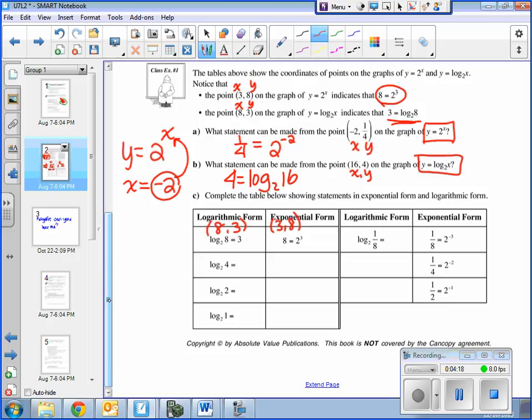So this 8 here, your argument goes into your y value for your exponential equation, and your value for your logarithmic will turn into your x. So you see how your argument for your logarithmic goes to your value of your exponential.